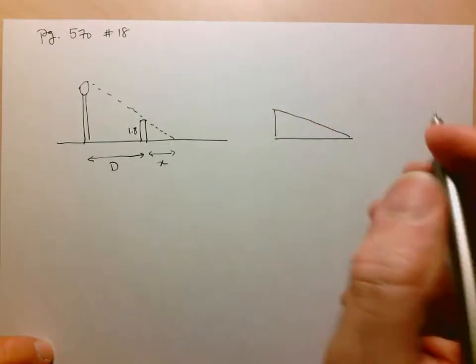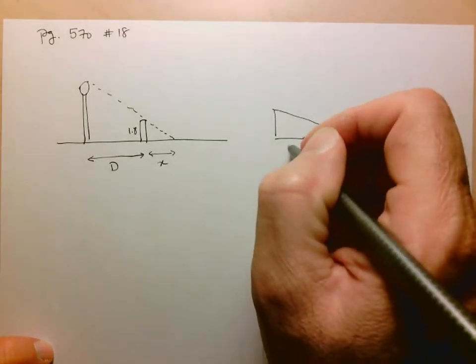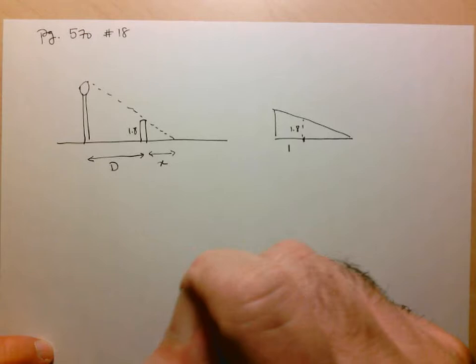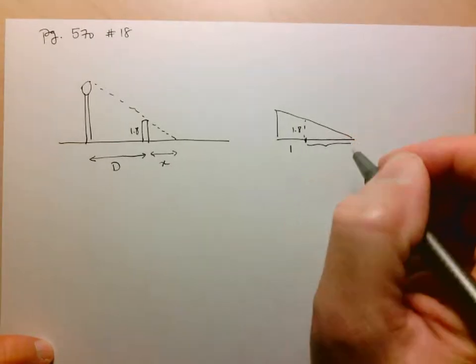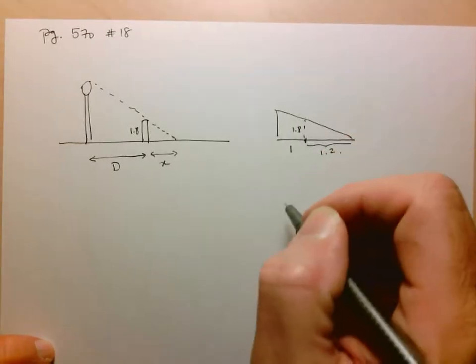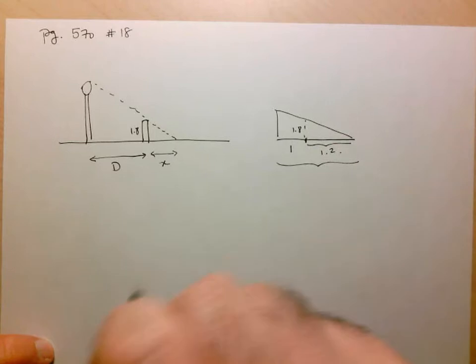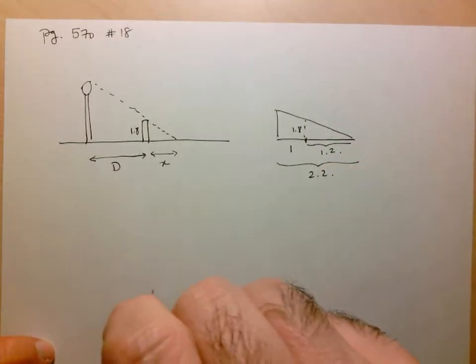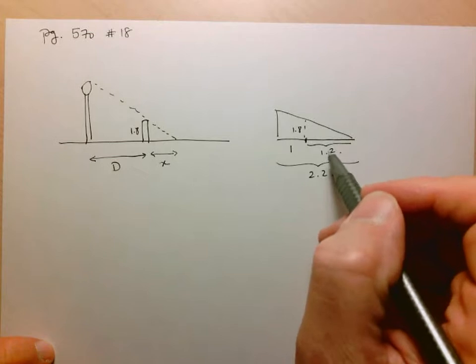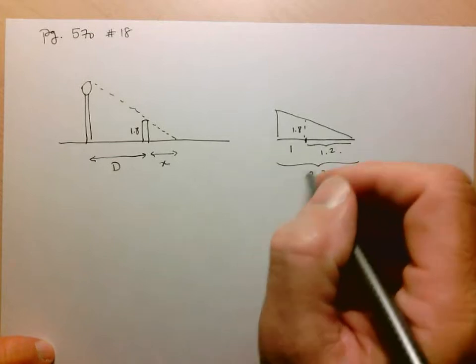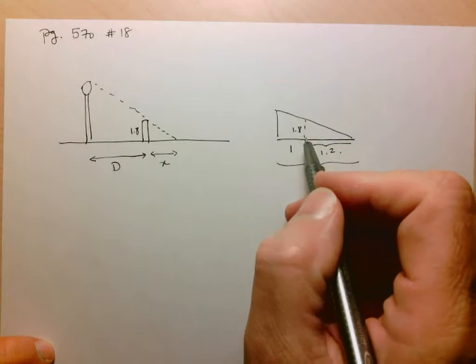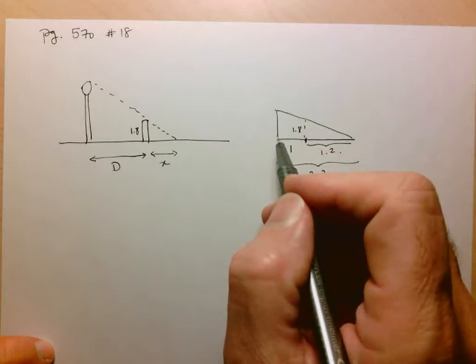I'll actually redraw another picture. It says when the man is 1 meter away, the man is 1.8 meters tall, the shadow is 1.2 meters long. So this length is 2.2. So I can compare these two lengths, 1.2 and 2.2, and now I'm going to compare the height of the man, which is this side of the triangle, to the height of the lamppost.